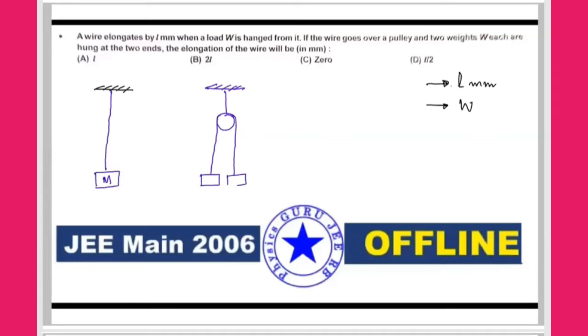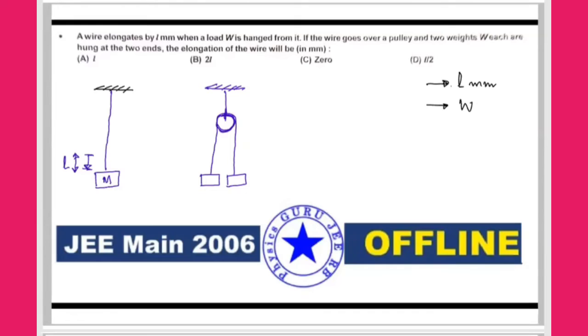We can take it as an Atwood machine. Let us take the wire elongating by L millimeters in the downward direction.